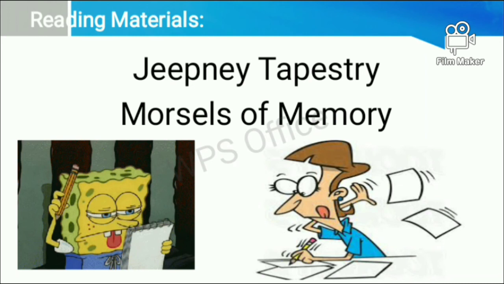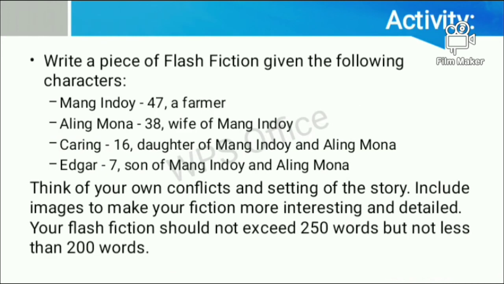And then the last part of the activity for this lesson is that you're going to write your own flash fiction using the given characters. So I have provided characters or names of characters and some description for those characters.